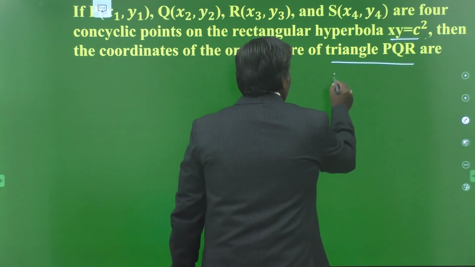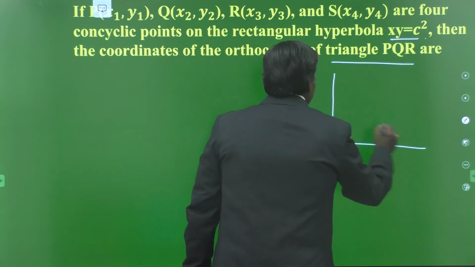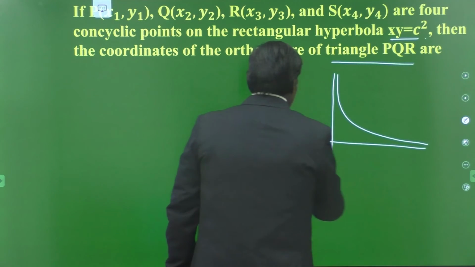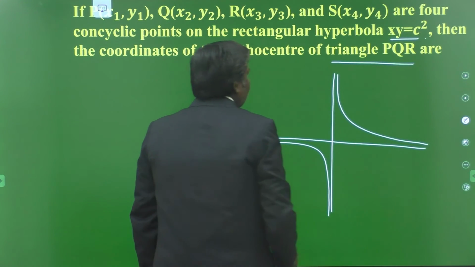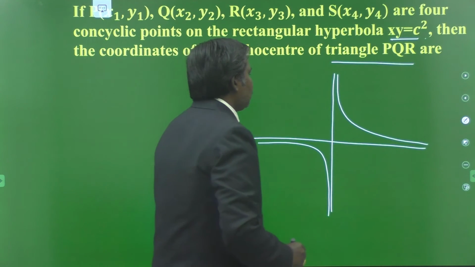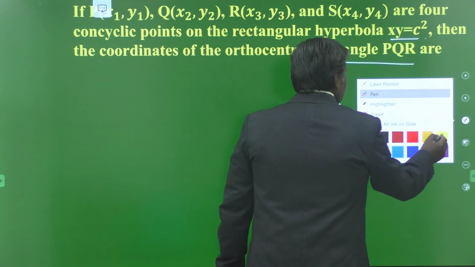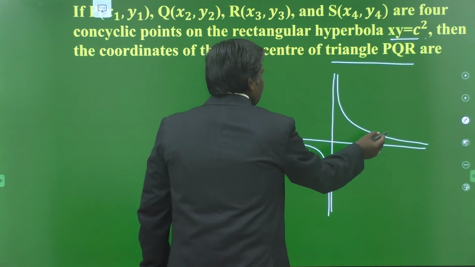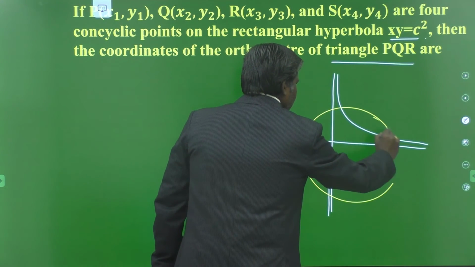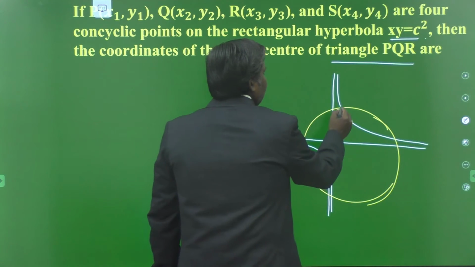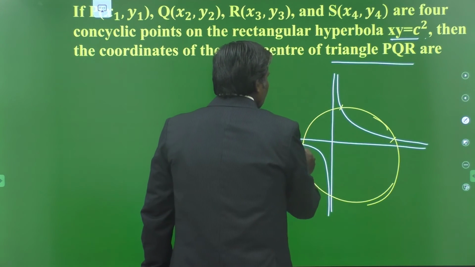Let us try to draw a rough diagram. This is the rectangular hyperbola xy = c square, and I am going to draw the circle. This is the circle, intersecting our rectangular hyperbola at 4 points.